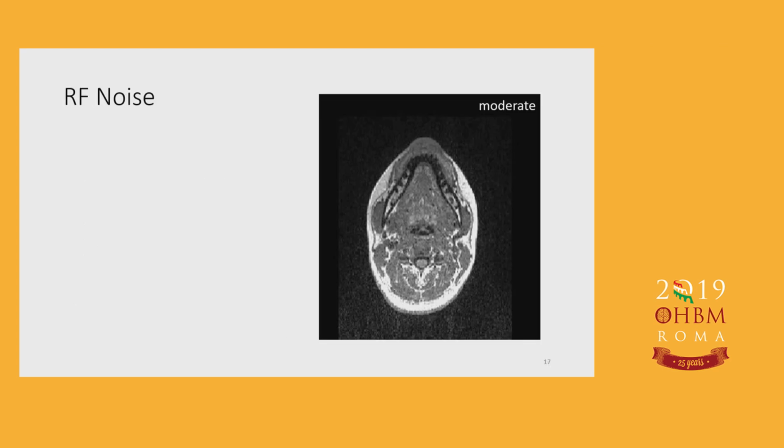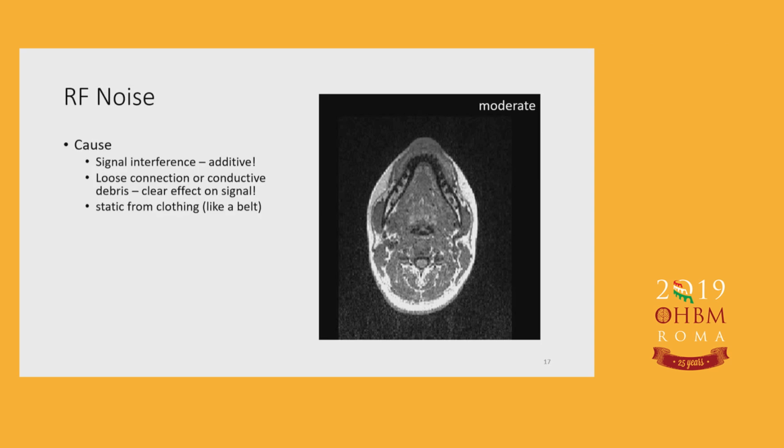The next type of artifact is something called RF noise. The primary cause for this is signal interference that is typically additive. A loose connection or conductive debris is another cause, which does have a clear effect on the signal. It's not just noise.